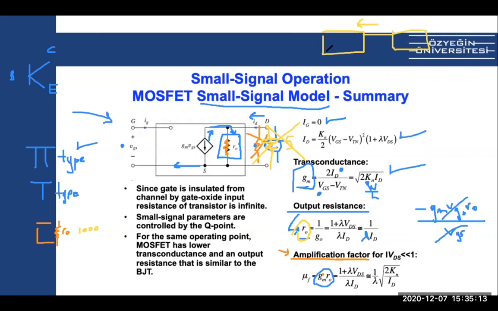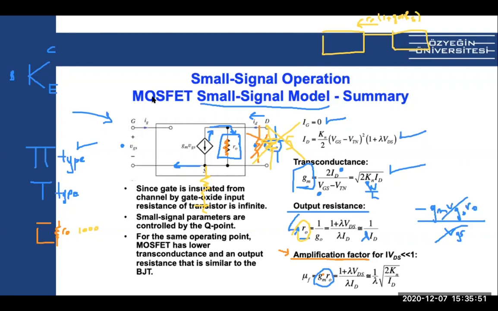Or, for instance, if we connect a resistance here, now this Thevenin resistance will be R0 times 1/(1 plus GM R5). How do you know? I know it from my experience. You need to derive this with a nodal analysis and so on. But that's why this R0 is important, because it defines your output resistance as well.